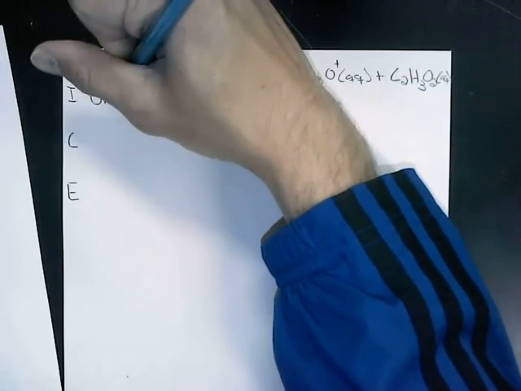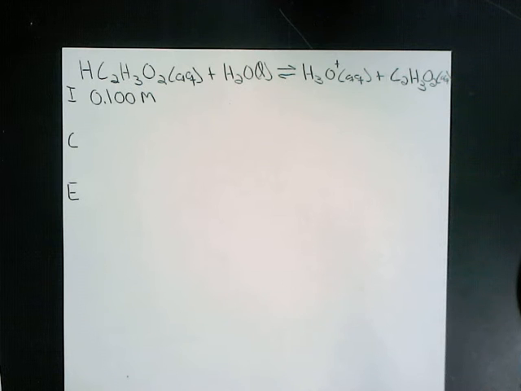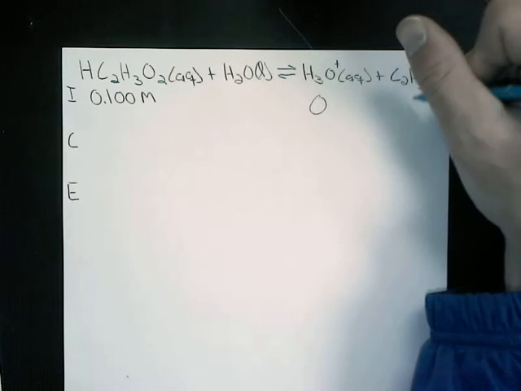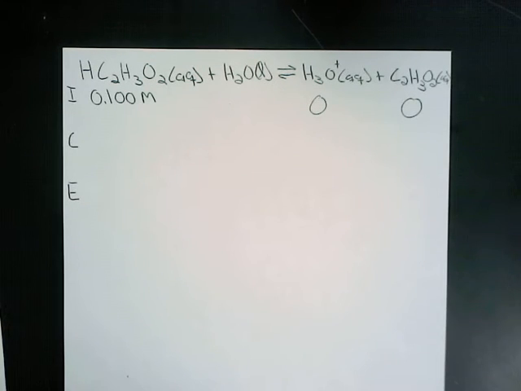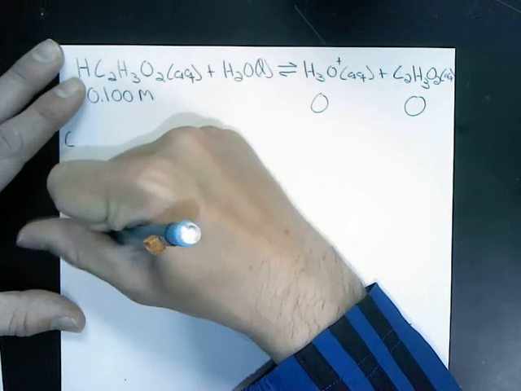So if we start out with 0.1 molar acetic acid, and we've gotten to our equivalence point, we've added enough moles to essentially eliminate our acid, okay? So if we think about our equilibrium expression, at the equivalence point, the number of moles are equal, okay?